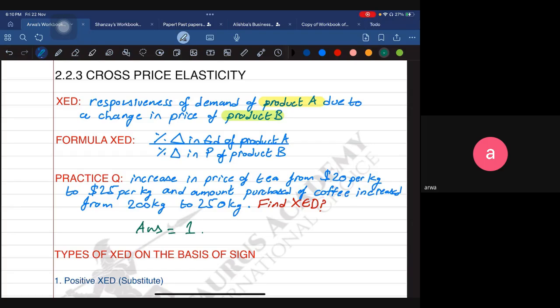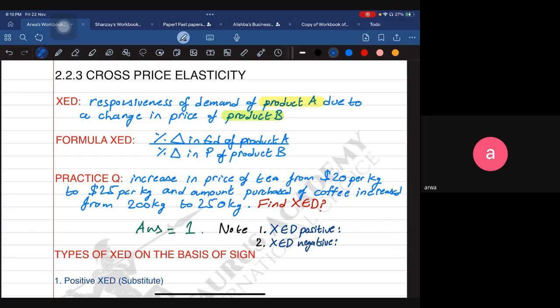Okay. So there is a note as well. There is a note that when XED is positive, we are talking about what? And when it is negative, we are talking about what?